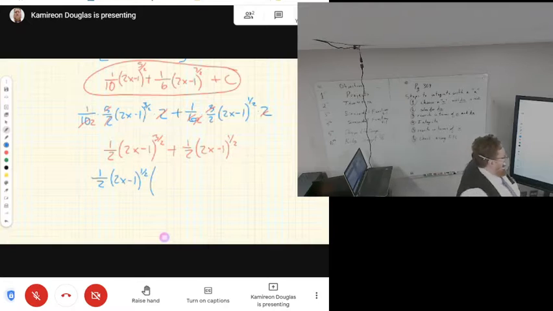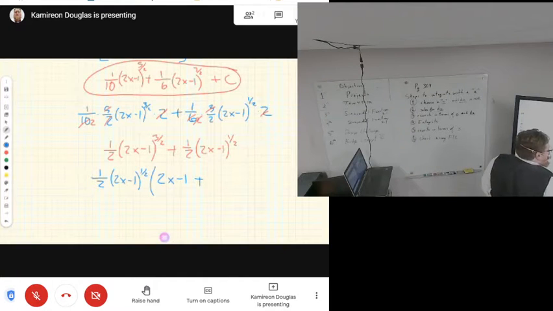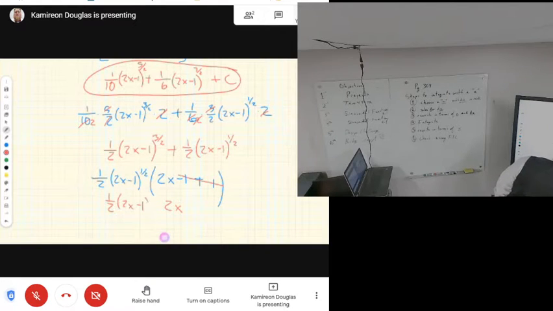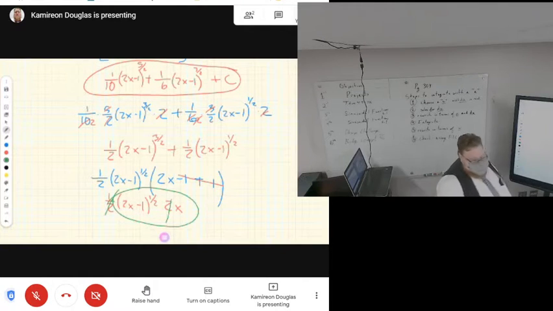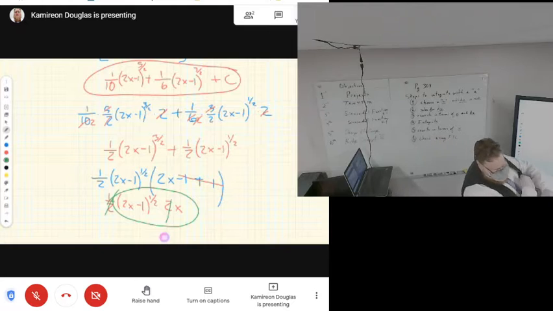When I do that, the first term will be 2x minus 1, plus the second term will be a 1. Negative 1 positive 1 cancel. And then what I'm left with is 2x, 1/2, 2x minus 1, the 1/2. The 1/2 and the 2 cancel. You better believe this is what we started with. You see that?